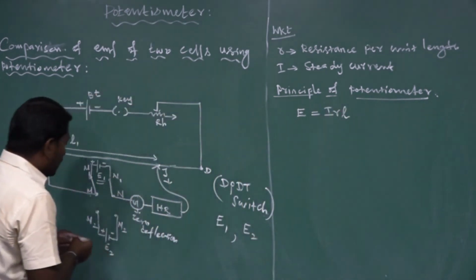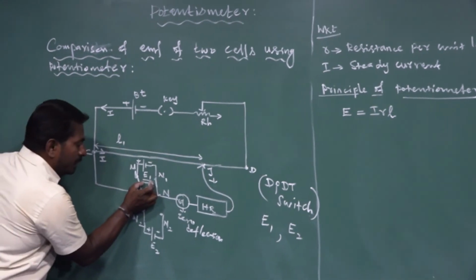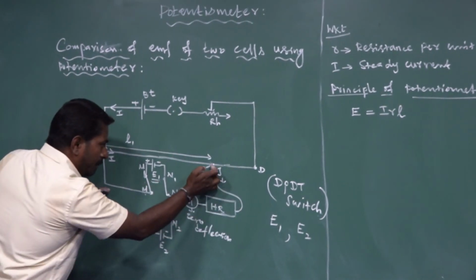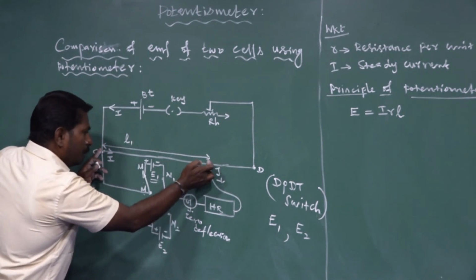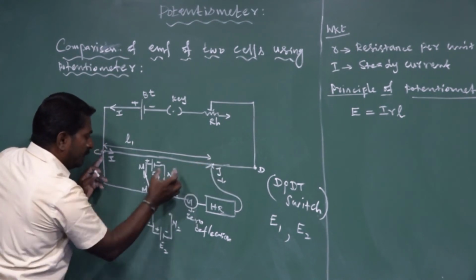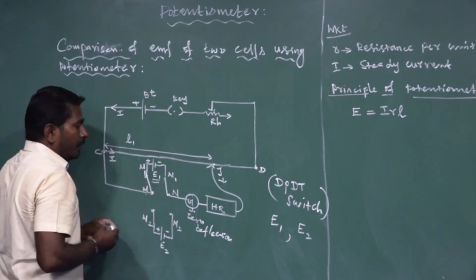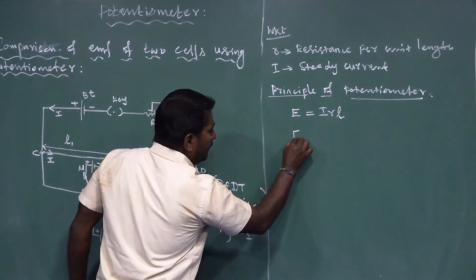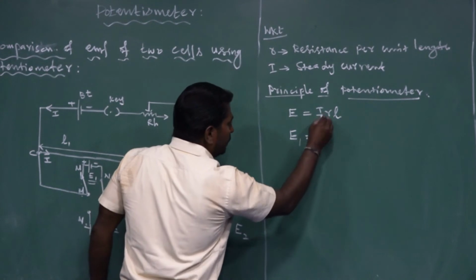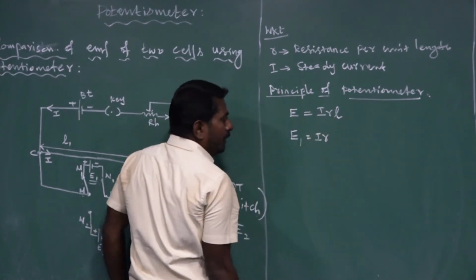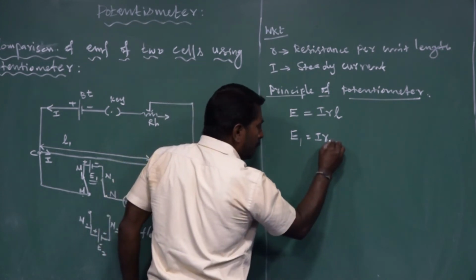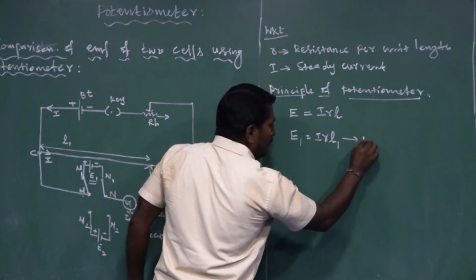Here, the EMF of the primary cell E1, with the metal jockey making electrical contact at this point, is equal to the potential difference across this balancing length. So the EMF of the cell E1 is equal to the steady current through the potentiometer wire times the resistance per unit length of the wire times the balancing length L1. Equation number 1: E1 = IRL1.